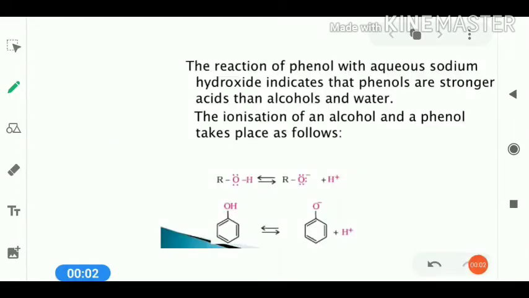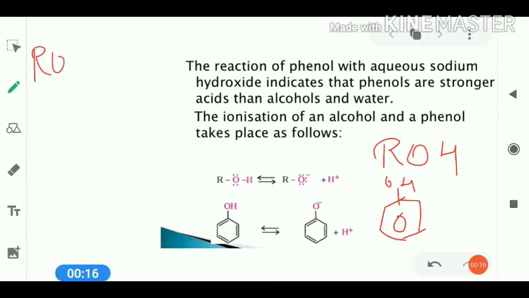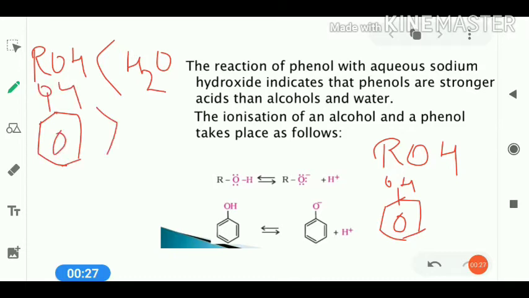Now when you compare the acidic nature of alcohol and the acidic nature of phenol. In alcohols we have already seen that alcohols are less acidic than water, right? But now you will see phenols are more acidic than alcohols. How? Let's see.